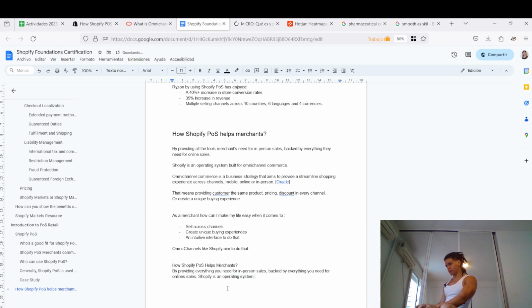Shopify is an operating system built for omni-channel commerce.